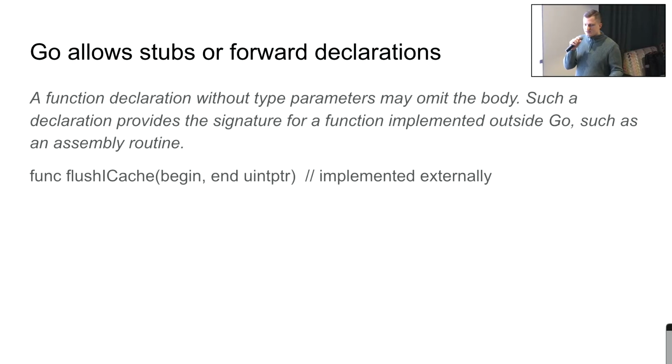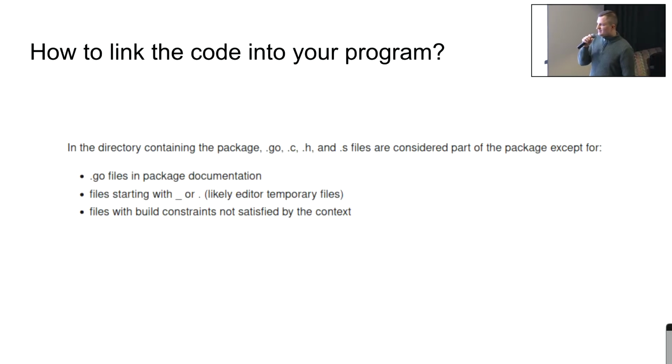How do you include that assembler code into your Go program? The Go compiler also has got you covered. You probably also don't know this, but Go automatically includes .c, .h, .s files into your compilation. You don't need to do anything. You just need to write assembler code in the .s files.